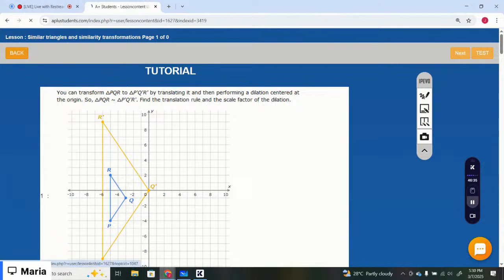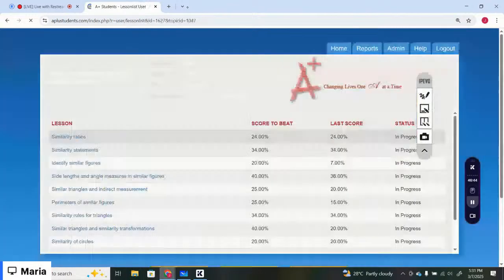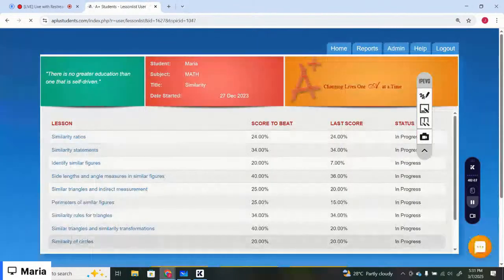Okay, let's just move on to the next lesson. Leave this one. Similarity of circles.